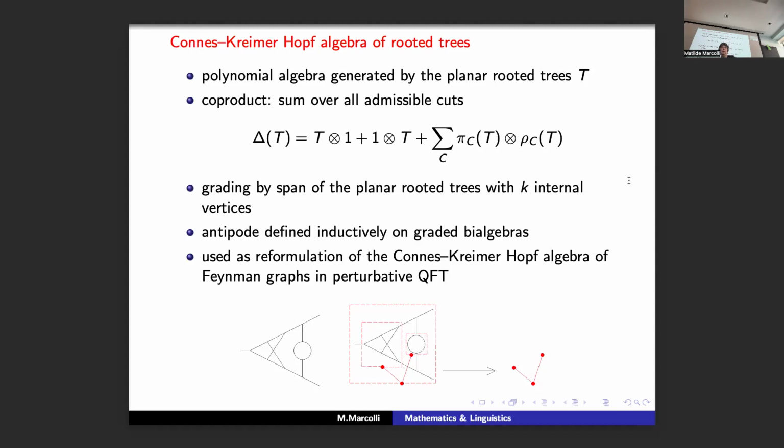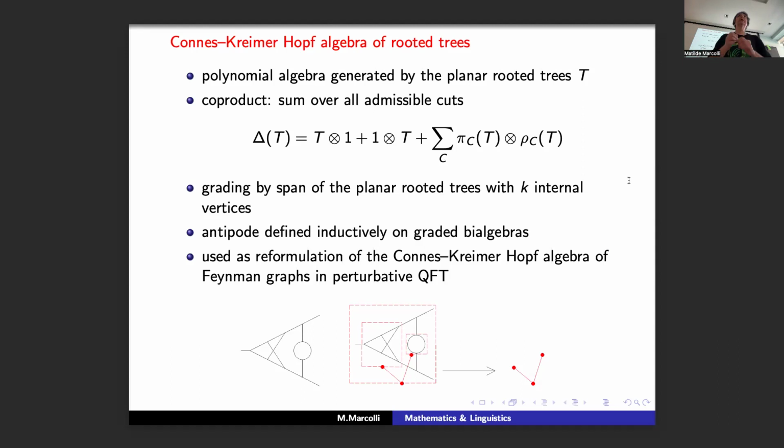So here, this is formulated in terms of the Hopf algebra of Feynman graphs. There is a relation between the Hopf algebra of Feynman graphs and the Hopf algebra of rooted trees that I've been discussing before.